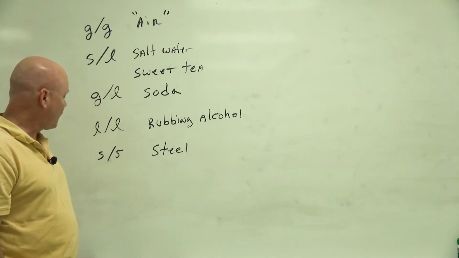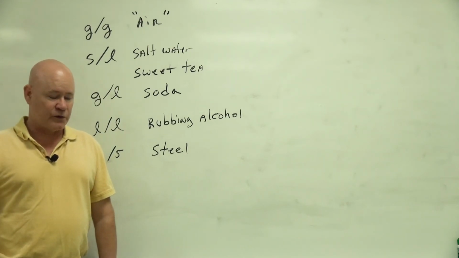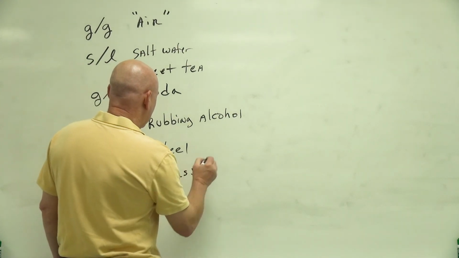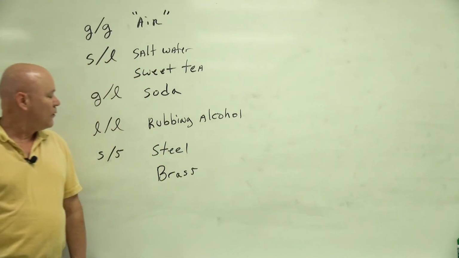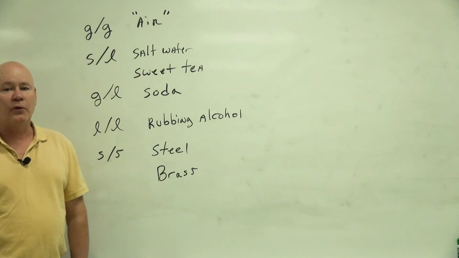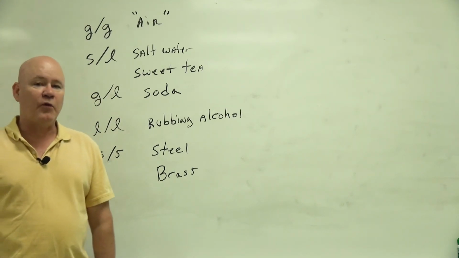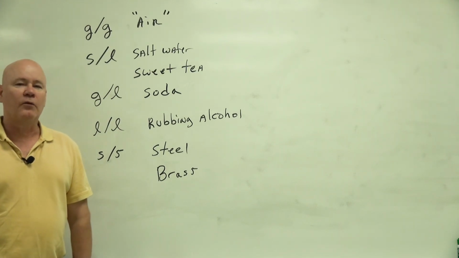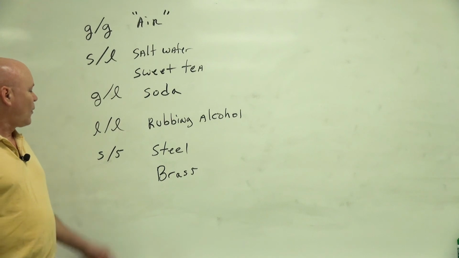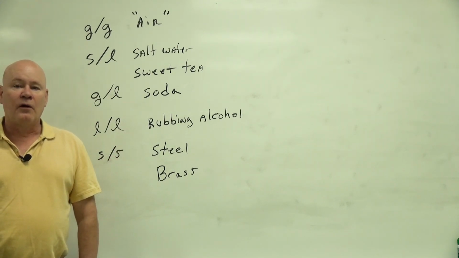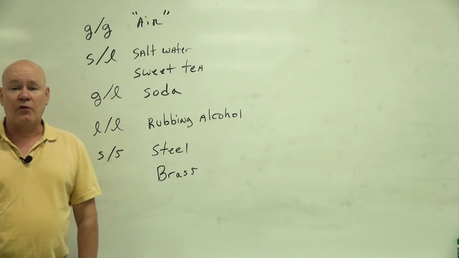Another example of a solid homogeneous solution is brass. Brass is copper that has some other metals mixed in. You can have mostly copper and add zinc to it, and that's a brass. A brass is not a specific copper mixture. It's anything you add into copper, by definition of brass. So we have steel and brass as examples of solid mixtures or solid homogeneous solutions.